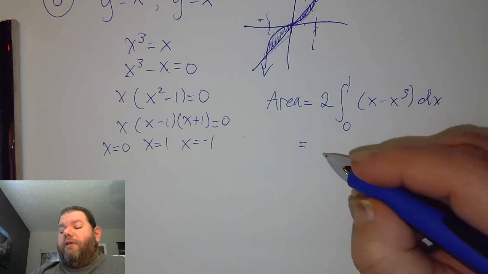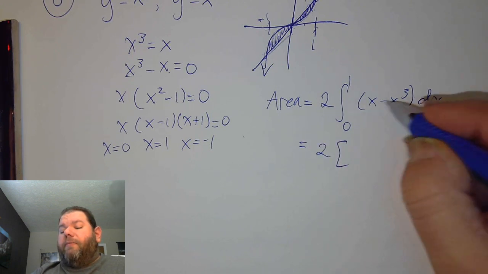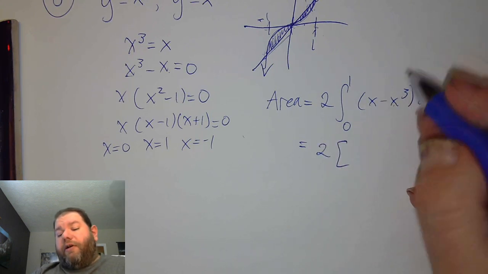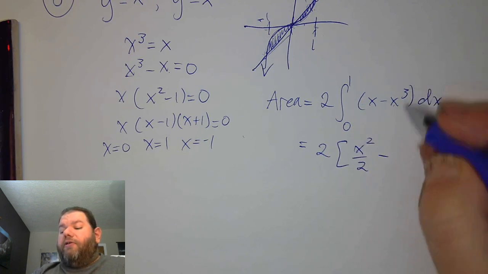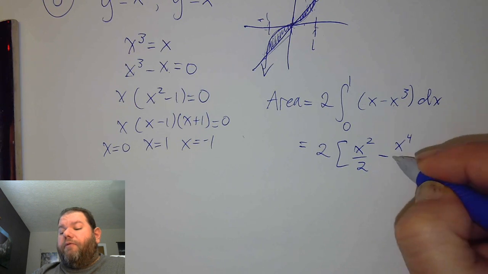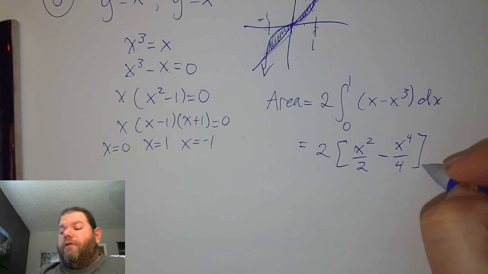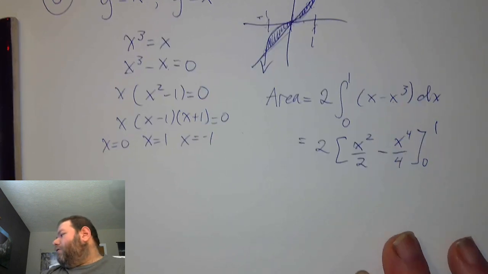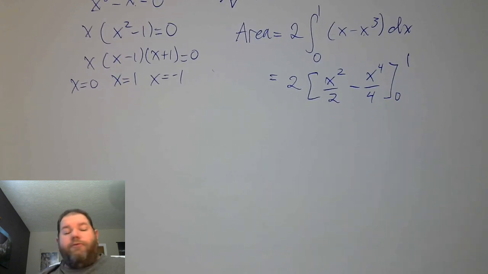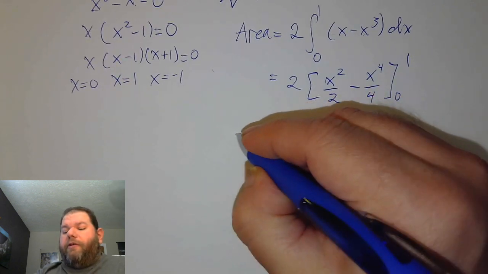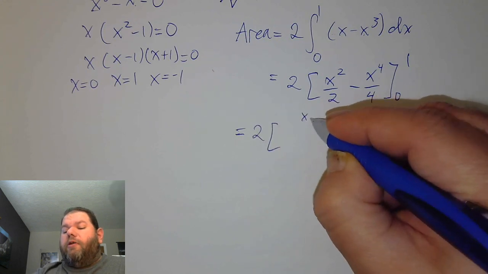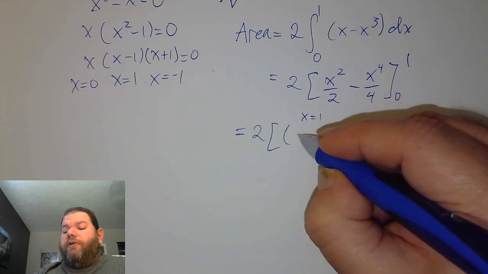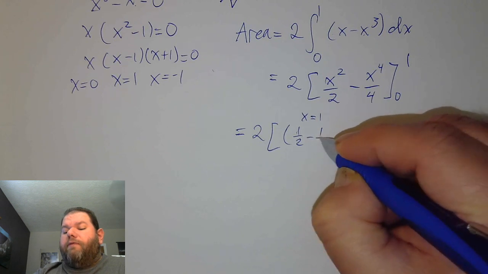Alright, so integrating x minus x cubed, we know x becomes x squared over 2, and x cubed becomes x to the fourth over 4, and we want to integrate from 0 to 1. Now at x equals 1, we just get 1/2 minus 1/4.